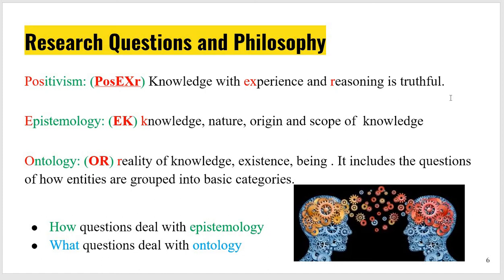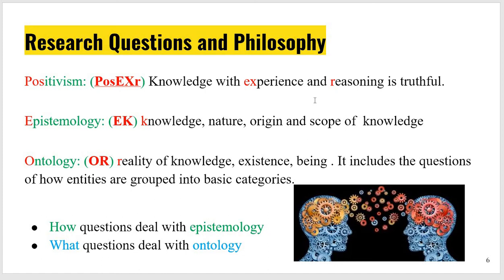I have made some of my own key terms to understand them. Positivism. Look at the color coding. It is very important. Positivism, POS is in red color, and experience and reasoning. So positivism means knowledge with experience and reasoning is truthful.